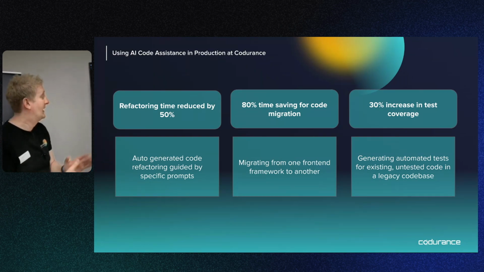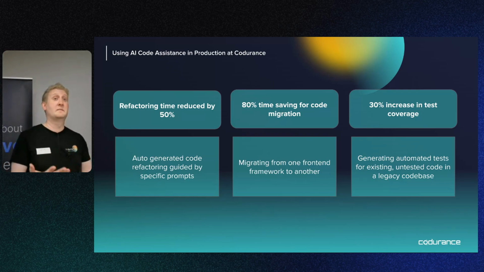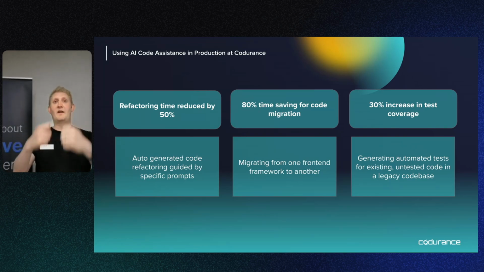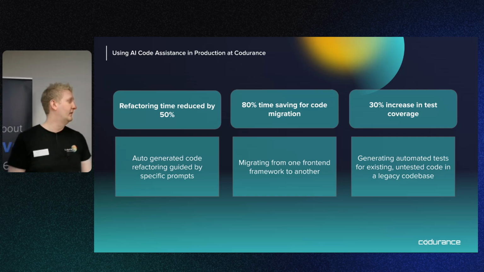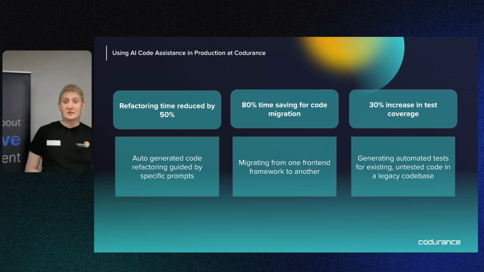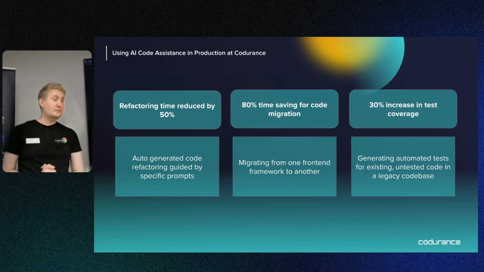So, for example, we've seen some of our teams reduce refactoring time by 50%. So auto-generating the code, but doing it with specific refined prompts that enable us to do that faster. We had one project where they were migrating their front-end framework to another one.